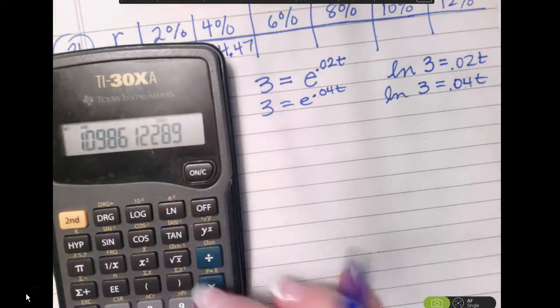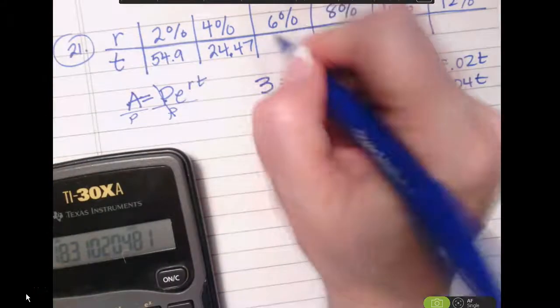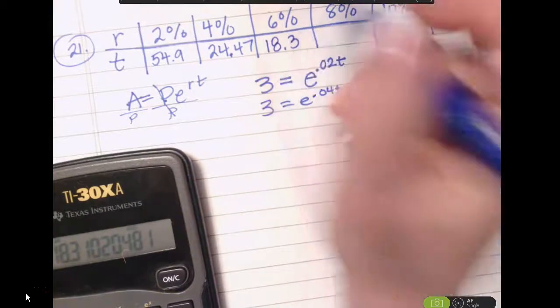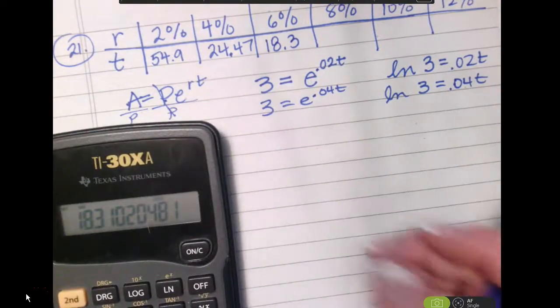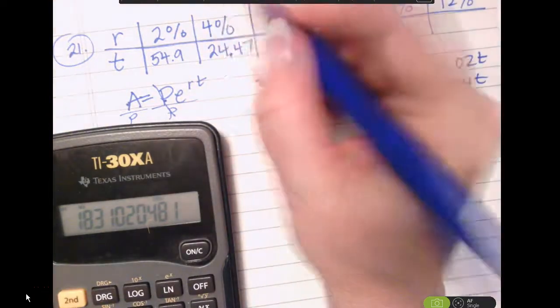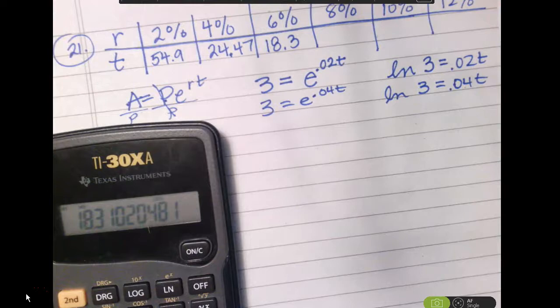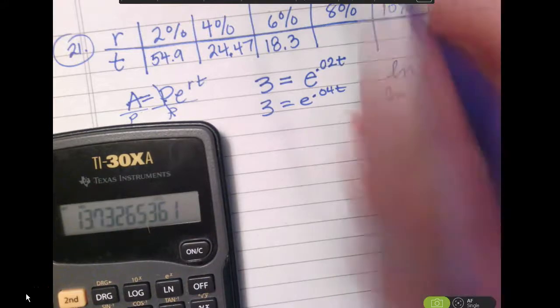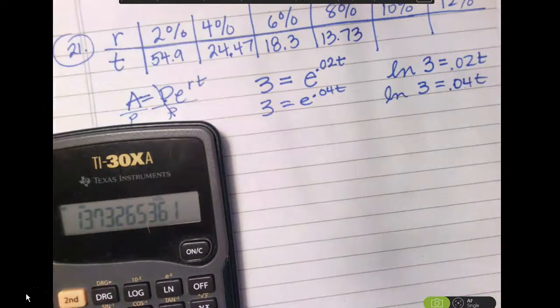Natural log of 3 divided by 0.06, and that's 18.3. And so it's not going by half. Of course, it's a logarithmic function, so it's going to be following some curve. Natural log of 3 divided by 0.08, and that's 13.73 years.